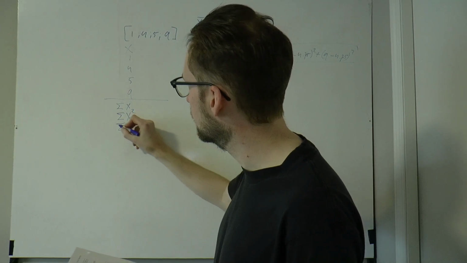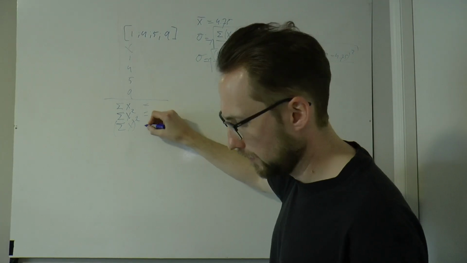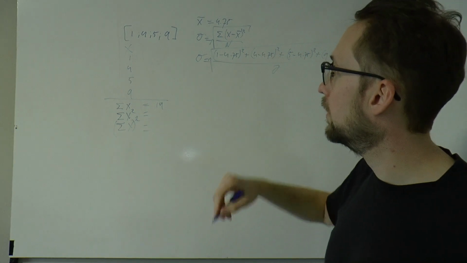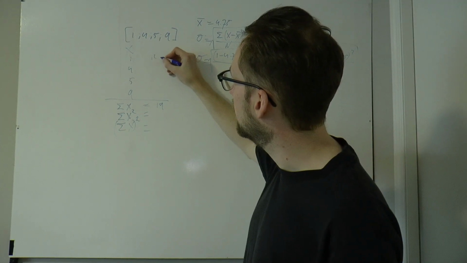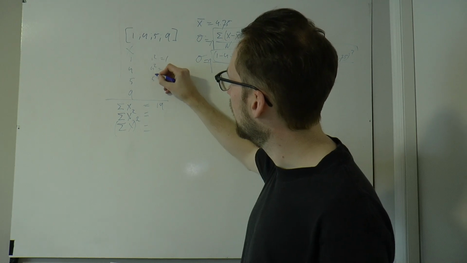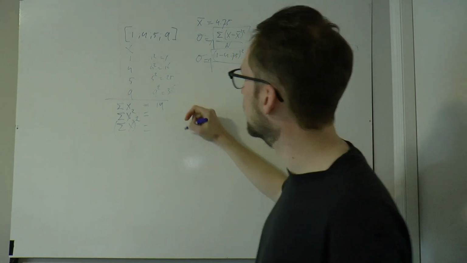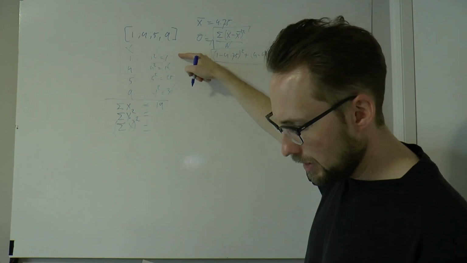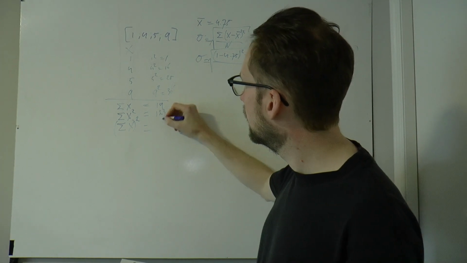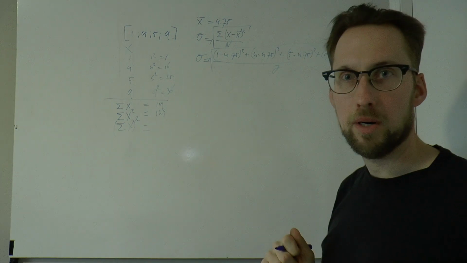Okay. Well, the sum of all x's is 19. The sum of all x's squared, remember, that would be 1 square is 1, 4 square, 16, 5 square, 25, 9 square, 36. I add up these numbers and I get 123. This is the sum of all x's squared.